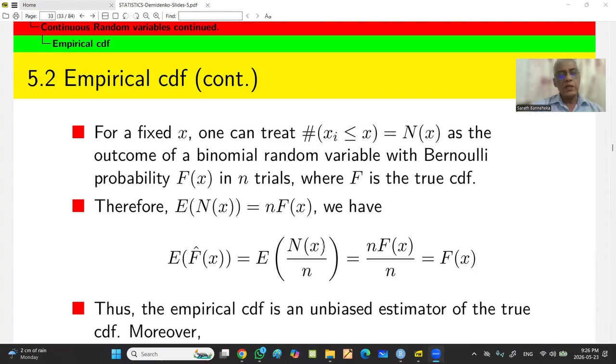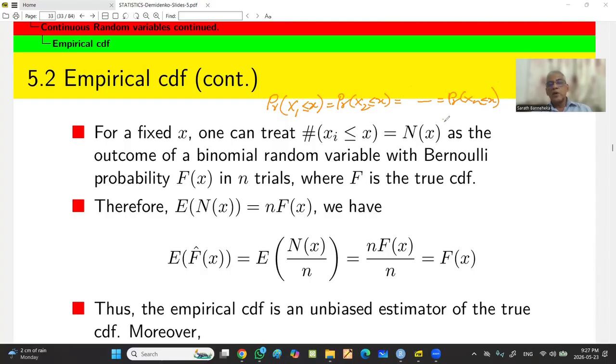Because we know that the probability that x1 is less than or equal to x is the same as the probability that x2 is less than or equal to x, and all these are equal up to the probability that xn is less than or equal to x.